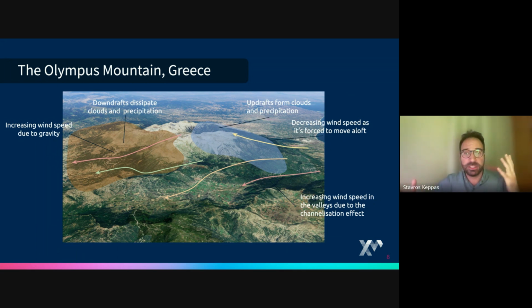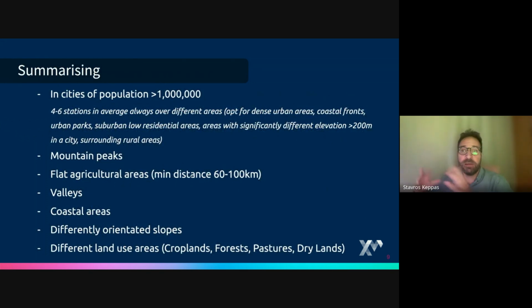So as you can see, we need to capture different phenomena that are affected by the topography and by the land use. As I initially stated, this is a quite complex problem that we try to solve. So summarizing, this is what I would suggest.